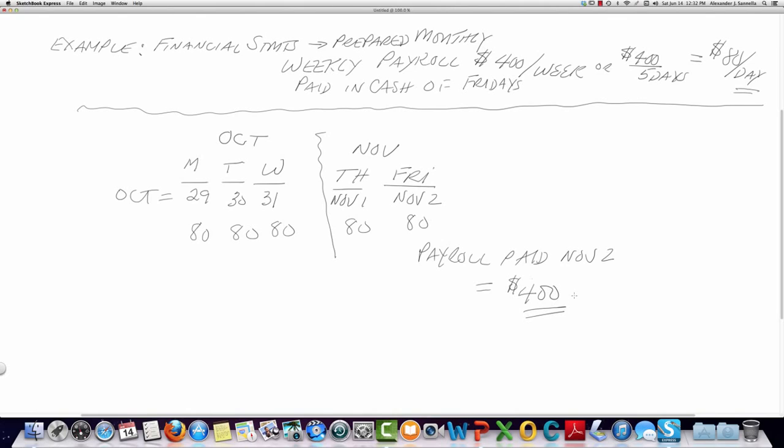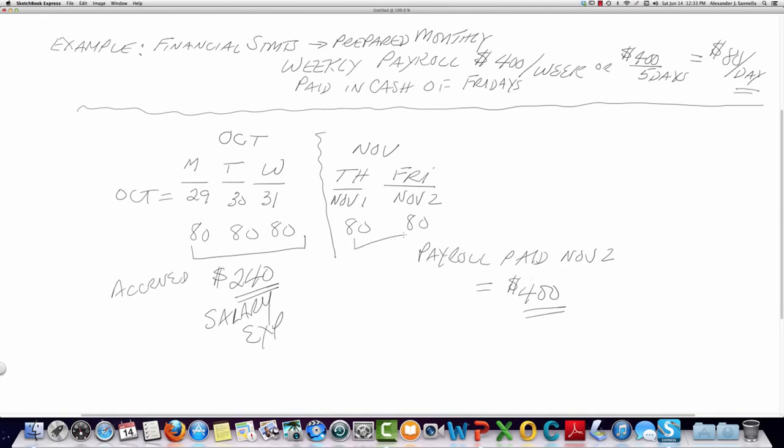Now, here's the issue. If you report for October and you're preparing monthly financial statements, the company would have to show on the accrual basis a salary expense of $240.